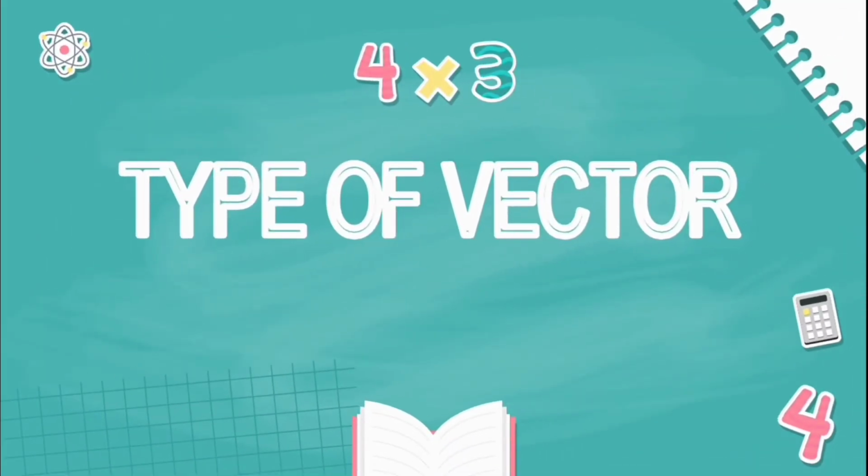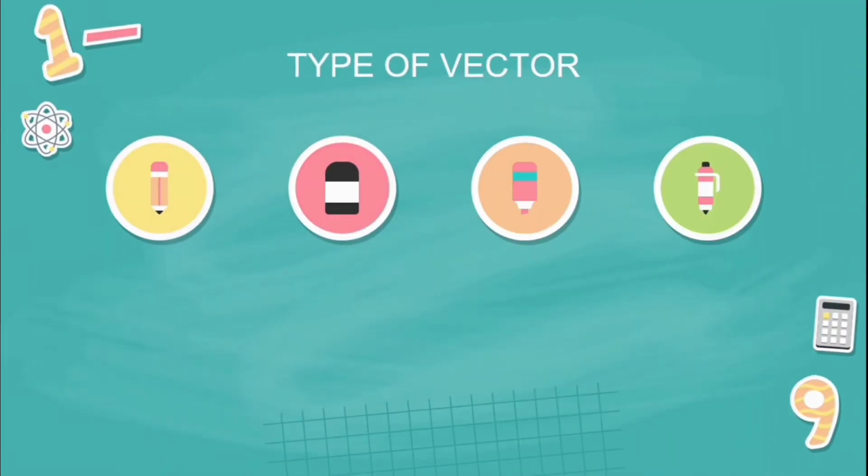Point 2 is type of vector. Vectors can be divided into several types. Namely, 1 is zero vector. Zero vector is a vector whose length is 0 and has no clear direction. 2. The position vector.